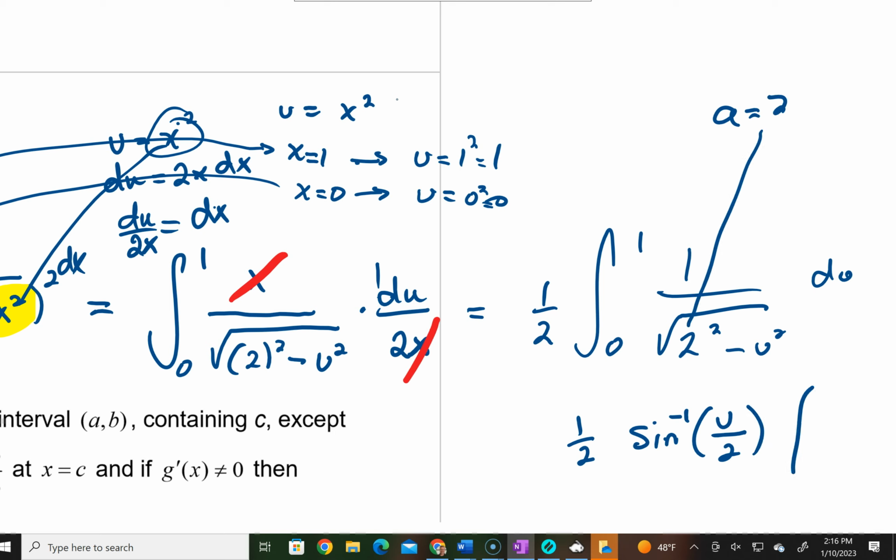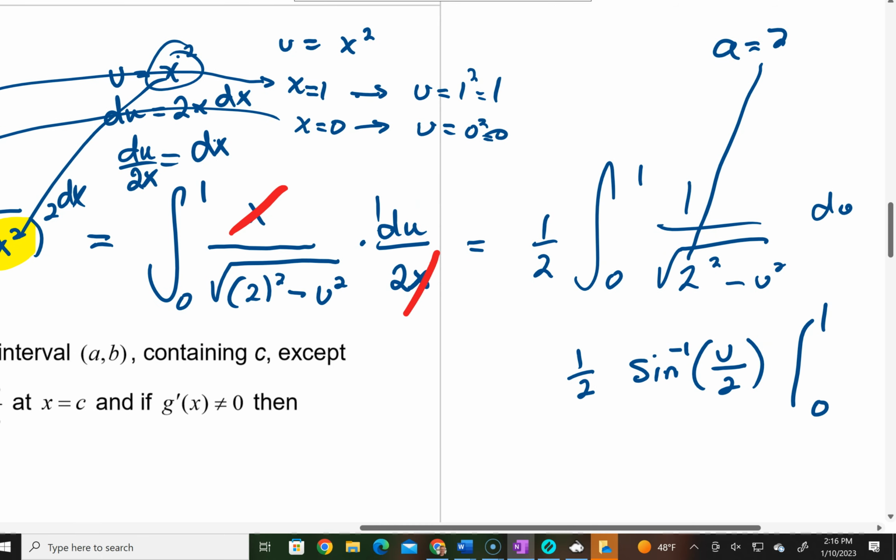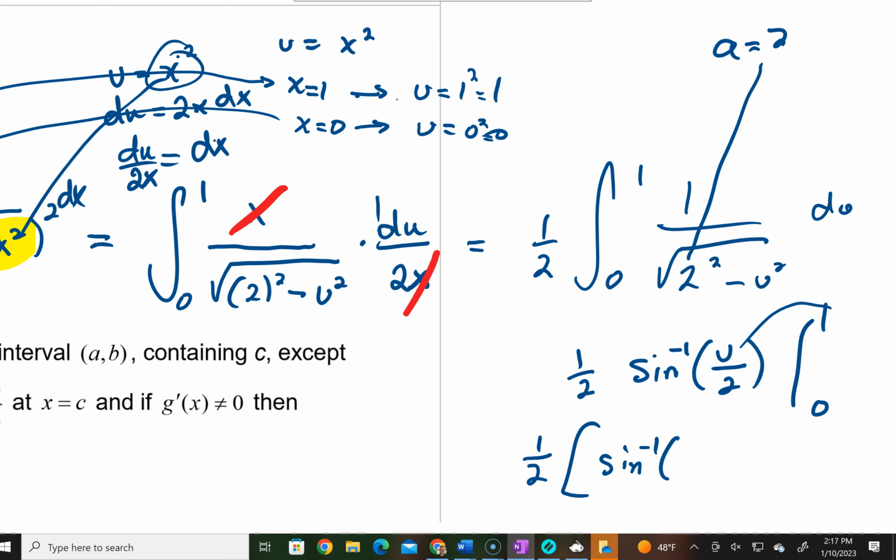And then I'm going to go between those bounds. We doing okay with that? Almost done. Then we're going to say 1/2 times inverse sine of, well, plug in your 1, you'll get 1/2, minus inverse sine of 0.